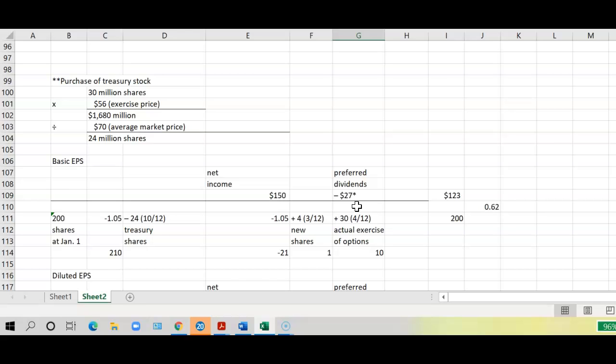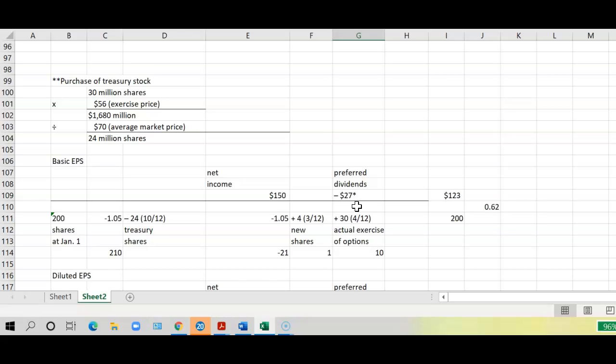And the average price for the year in 2021 was $70. So what they would do is they would have 30 million shares outstanding as the result of executives exercising the privilege of purchasing the stock at $56, the exercise of their options. And they would take that money and they would repurchase treasury stock at the average market price of $70.